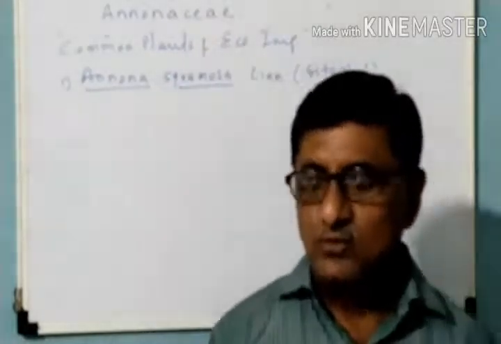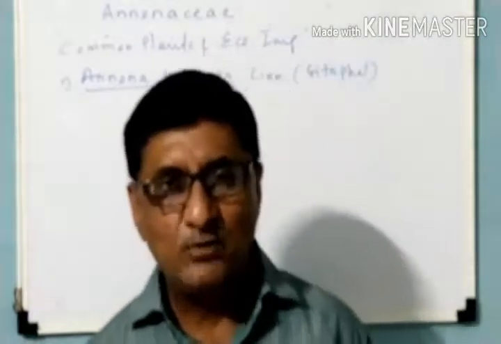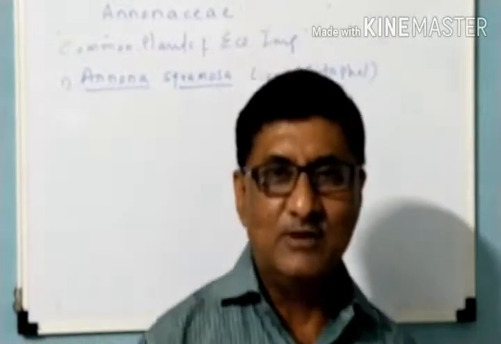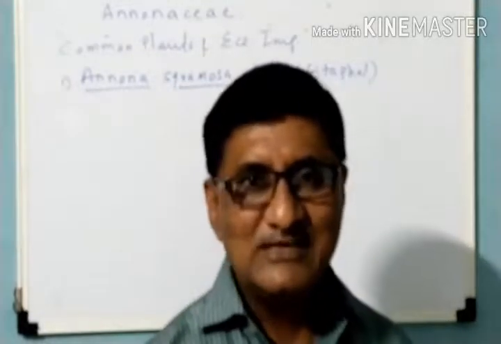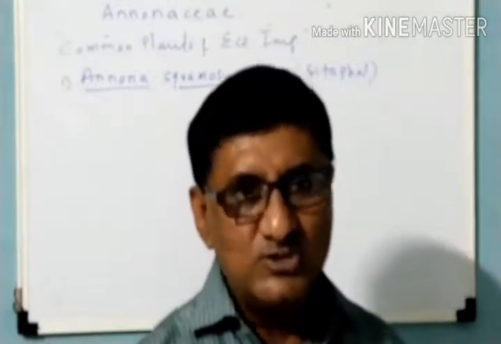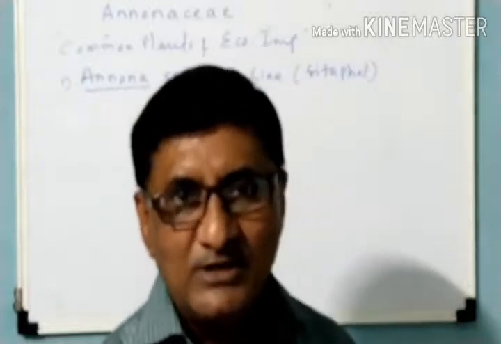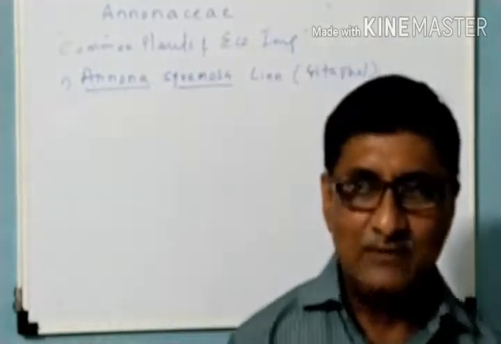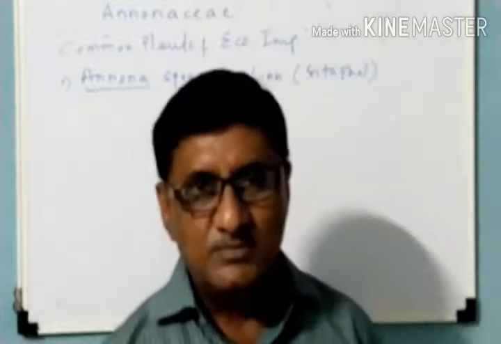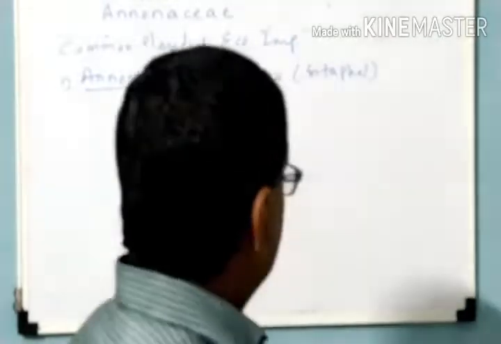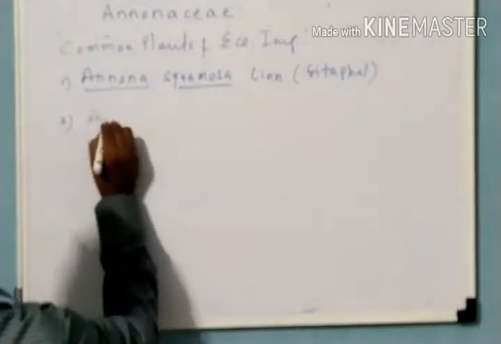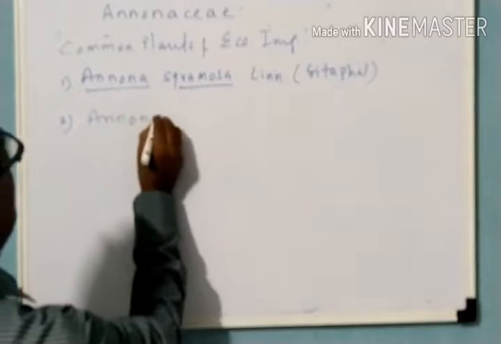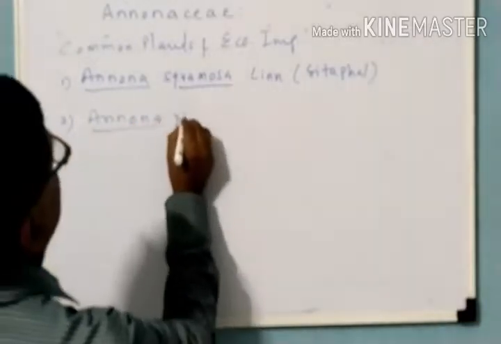Also, from the fruit, custard apple powder is prepared, and that powder is used in different food articles, especially for the preparation of ice cream, different kinds of ice creams and different kinds of soft drinks. So this is the economic importance of this particular plant. Another famous plant is Annona reticulata.